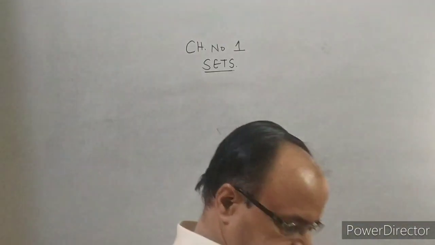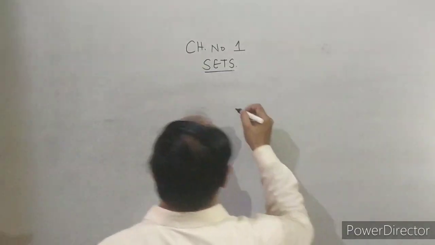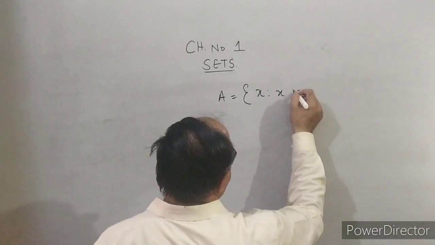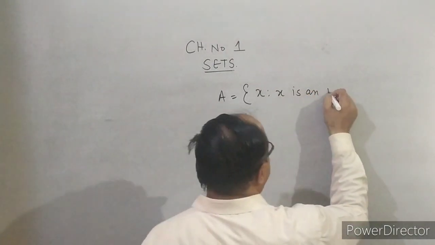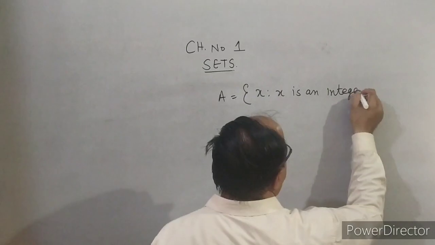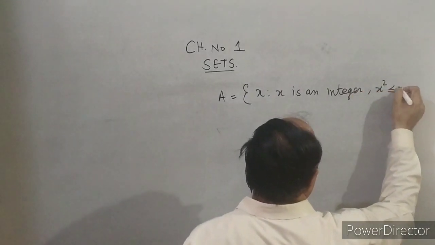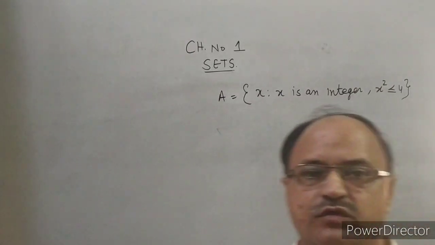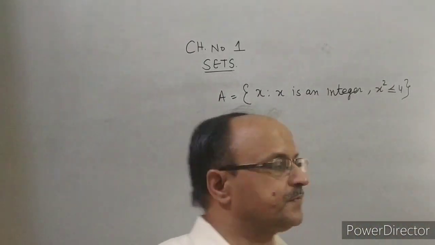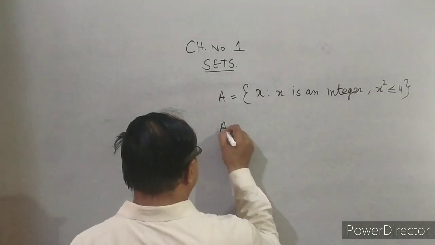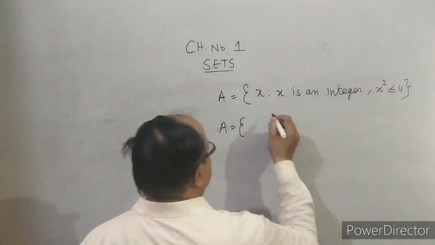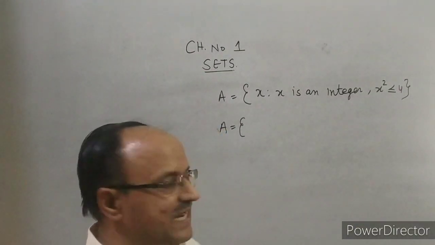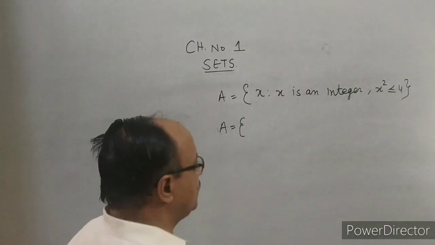For example, suppose A is equal to the set of all x such that x is an integer and x square is less than or equal to 4. This is set builder form. Can you write it in the roster form? You know that when you put 1 here, then 1 square is less than or equal to 4.